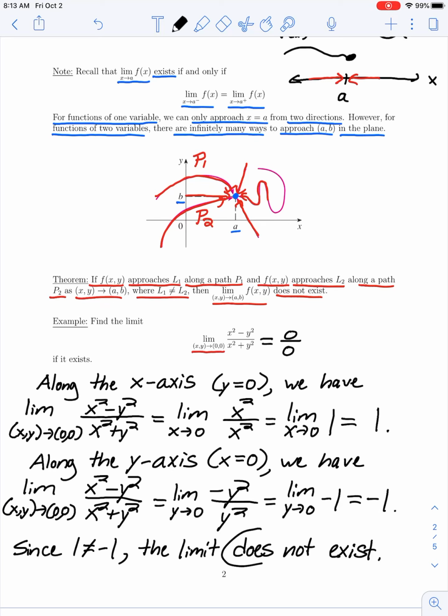So this is one way that we can go about showing that a limit of a function of two variables does not exist: find two different paths along which we get different limiting values.